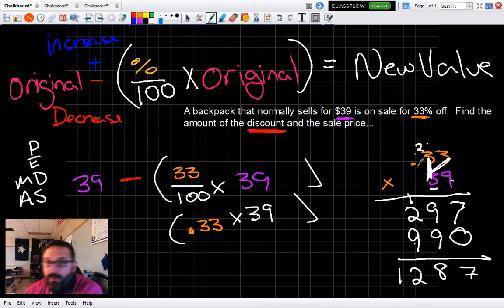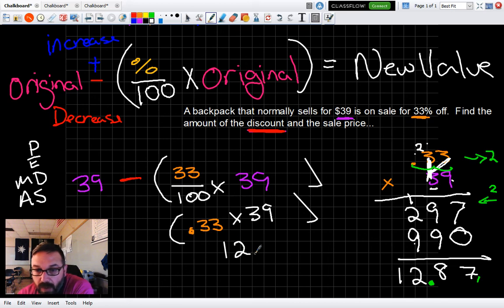We must remember up here, I had to steal the decimal place 2 times. So going back, I have to give it back 1, 2. So inside this parentheses, I actually have $12.87.